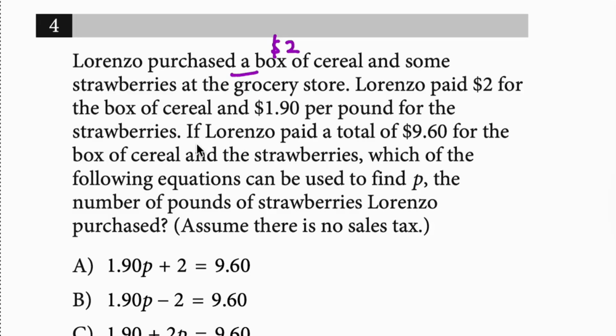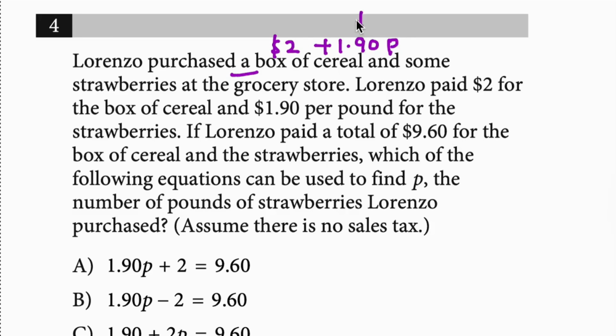So that means strawberries are not 1 pound, they are more than 1 pound, and 1 pound costs 1.90. So whatever is the cost per pound times the number of pounds of strawberries purchased, that is 1.90p.